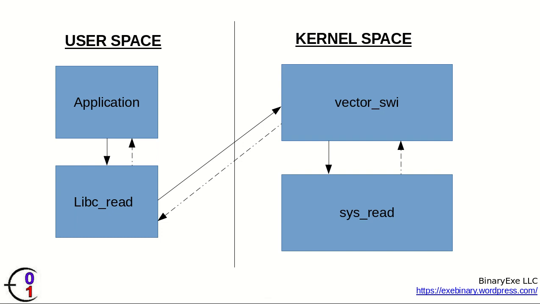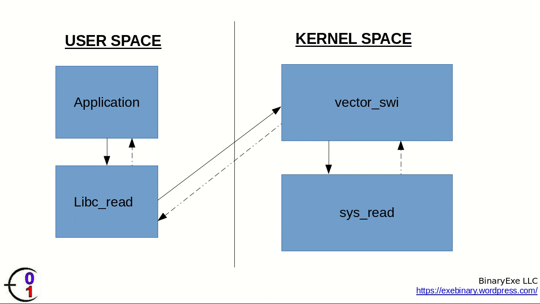The moment we pass the system call number, vector_SWI, which is in kernel address space, verifies whether this particular system call is inside the list of system calls or not. I am going to talk about this further.